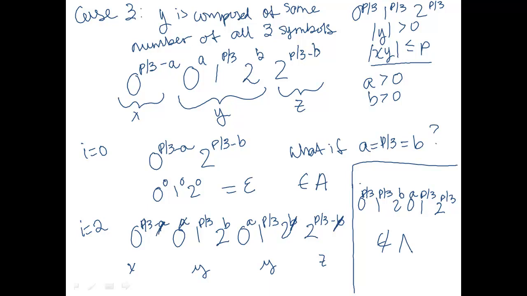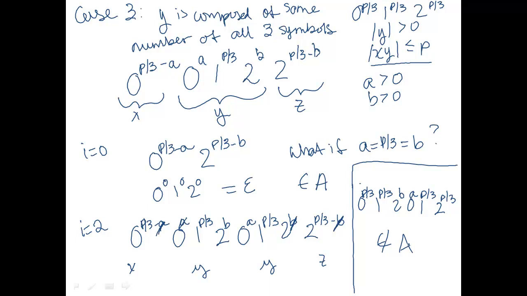All right, and I claim that that covers all the cases, right? We thought about if y is only one symbol, and then we've laid out if it's 0, if it's 1, if it's 2. Okay, that's all of the cases if y is only one symbol. There's only 3 possible symbols it could be, and we've given all of those cases. We've also thought about if y is 2 symbols.